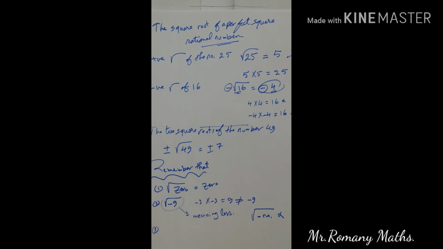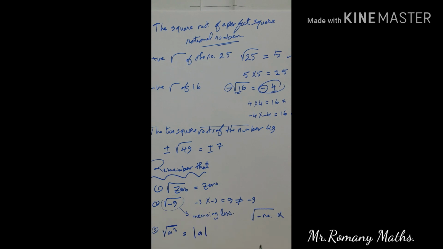Number 3. Square root of a square equals. What is the number which if multiplied by itself you get a square? Or what is the letter? Yes, it's A. Right.